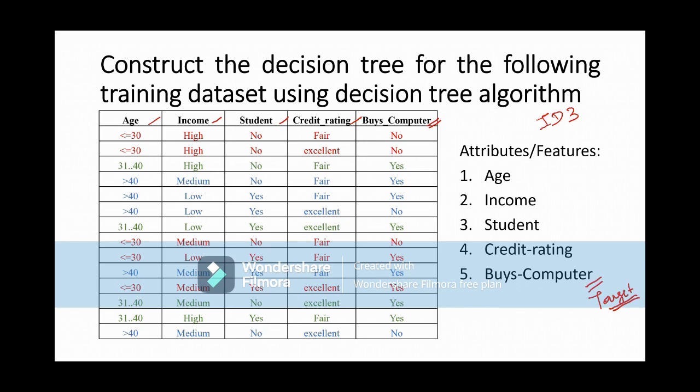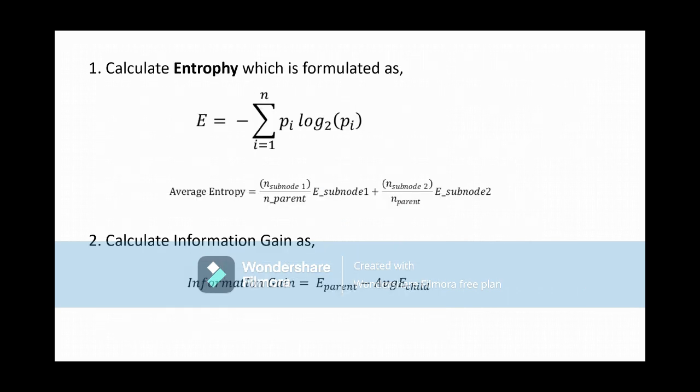First and foremost, the step is to find the entropy and information gain using these formulas. The entropy is given by the formula minus summation of i equal to 1 to n of p_i log base 2 p_i, where p_i is the probability of getting that particular category.